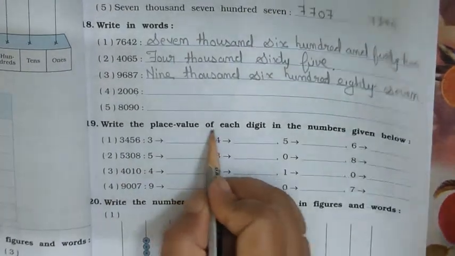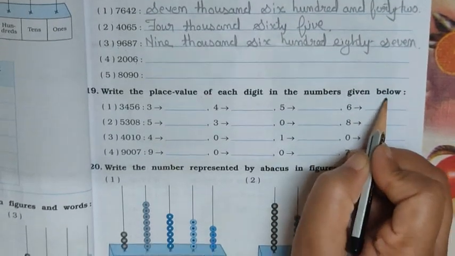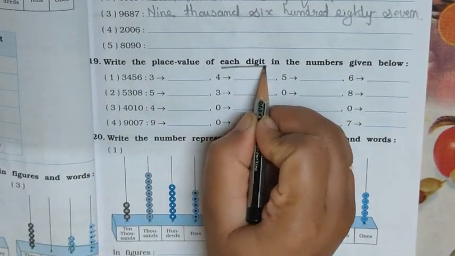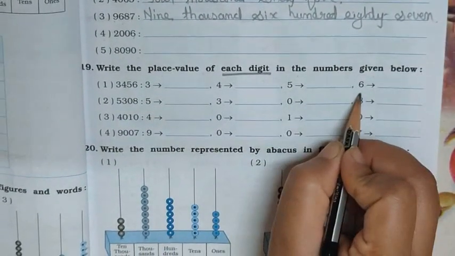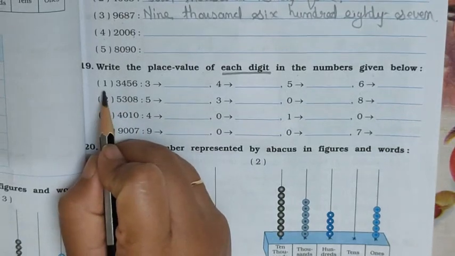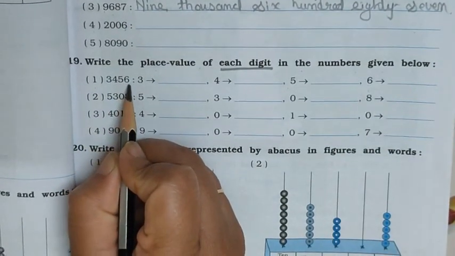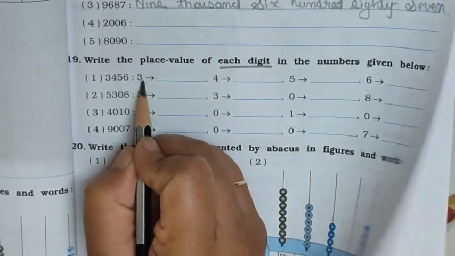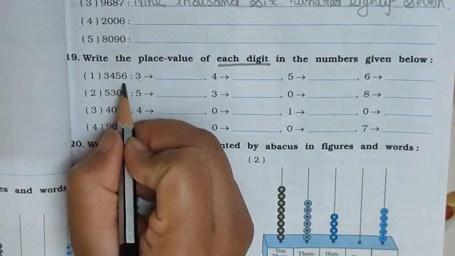See main 19. Write the place value of each digit in the numbers given below. Here see each digit. In questions also they have given each digit individually. See first one 3,456. Here 3 is given. First of all you have to see that 3 is on which place.